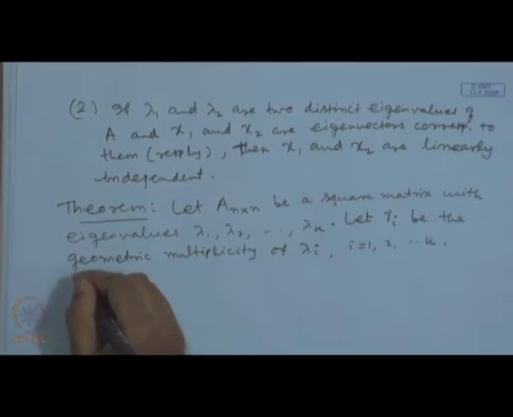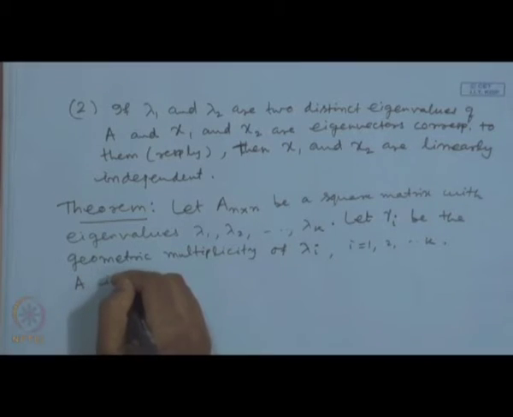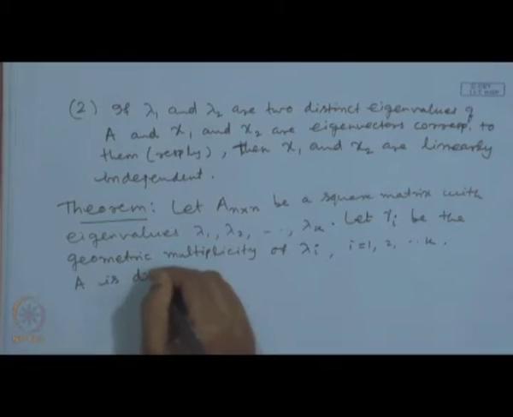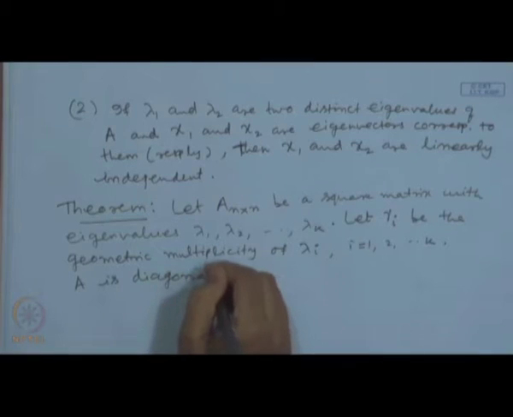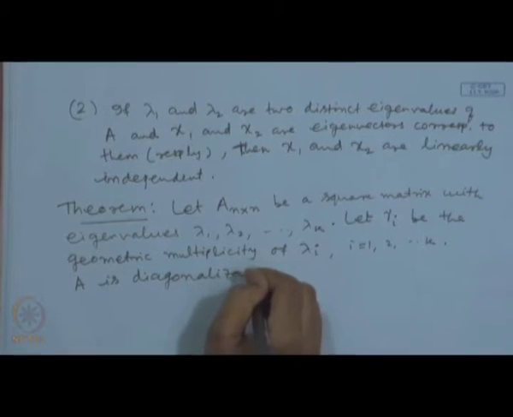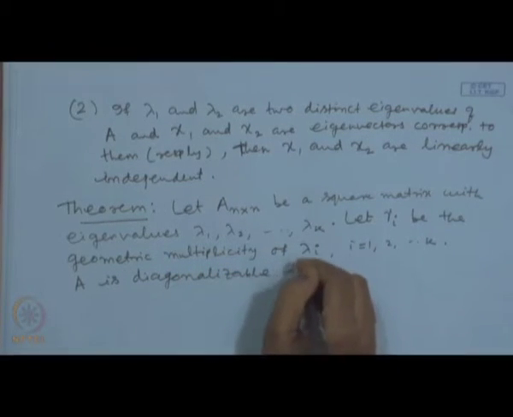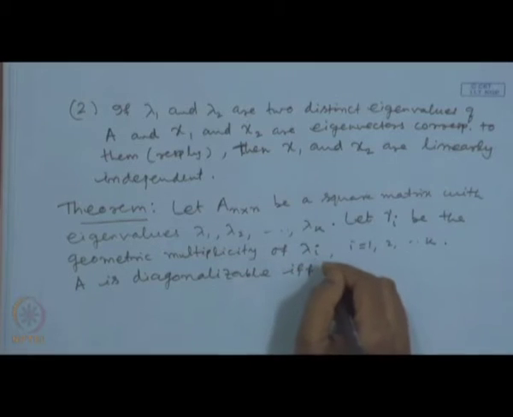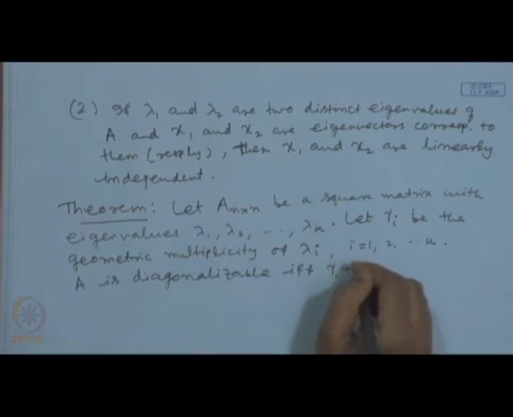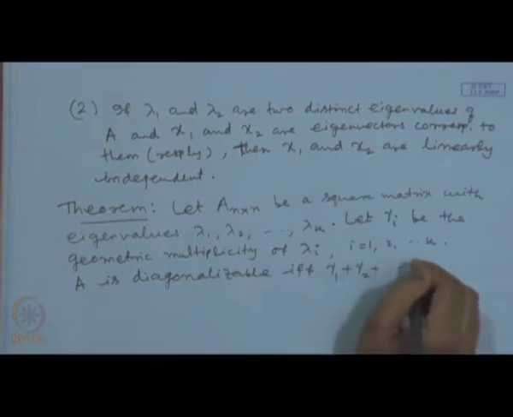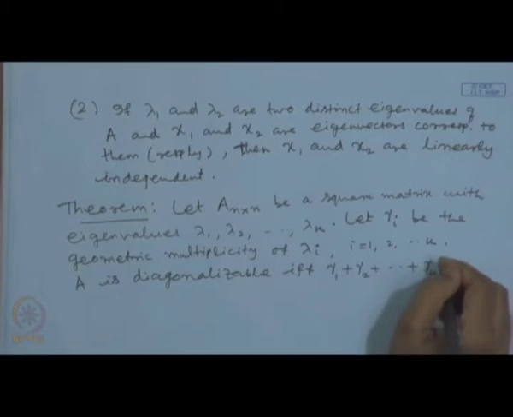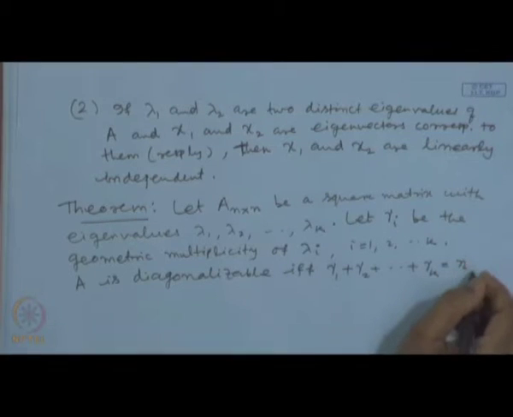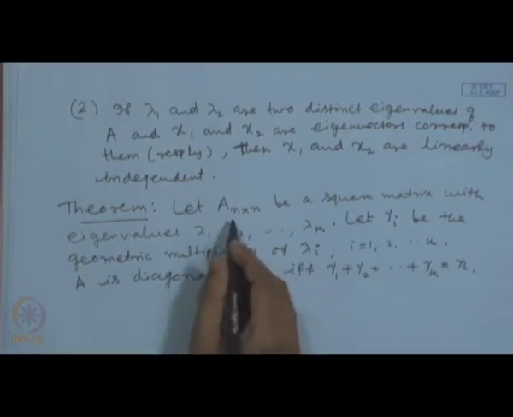Then A is diagonalizable if and only if gamma 1 plus gamma 2 plus up to gamma k is equal to n, that is the size of this matrix.